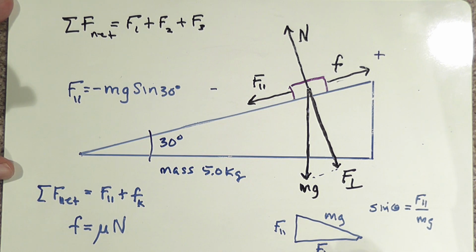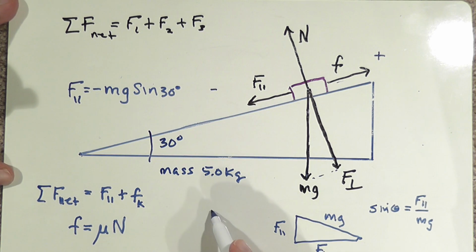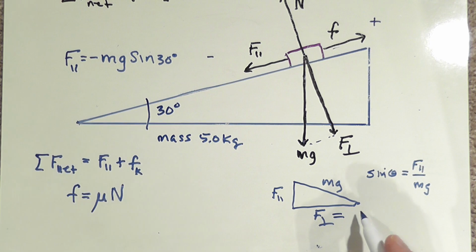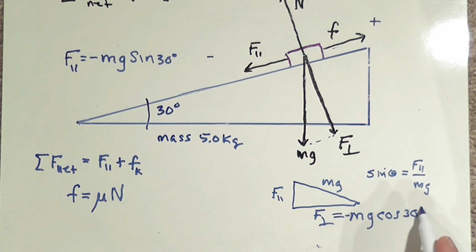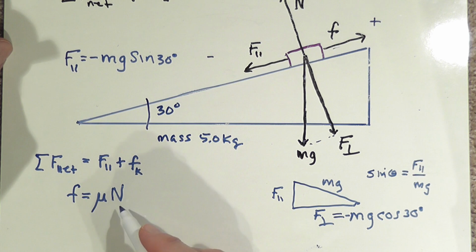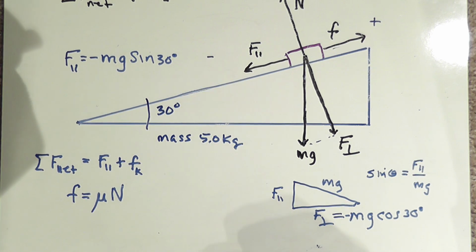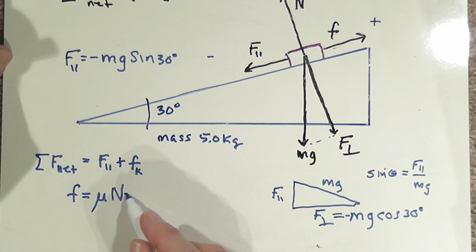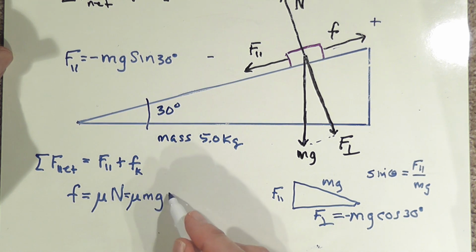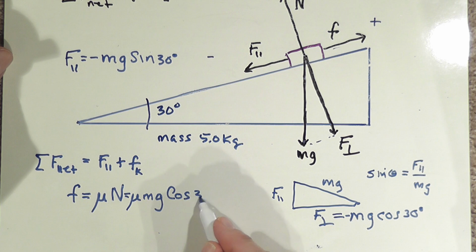F perpendicular is equal to negative mg cosine 30 degrees. So if the normal is opposite, then the normal is going to be equal to mg cosine 30 degrees. So the frictional force is going to be equal to mu mg cosine of 30 degrees.